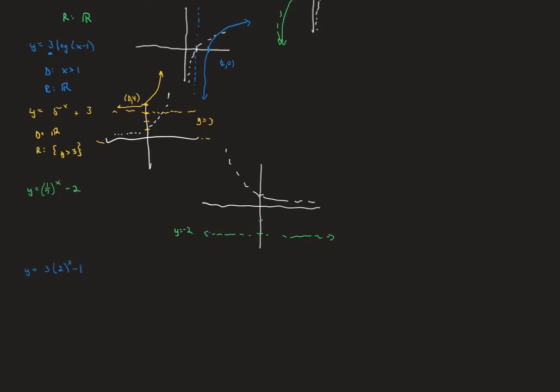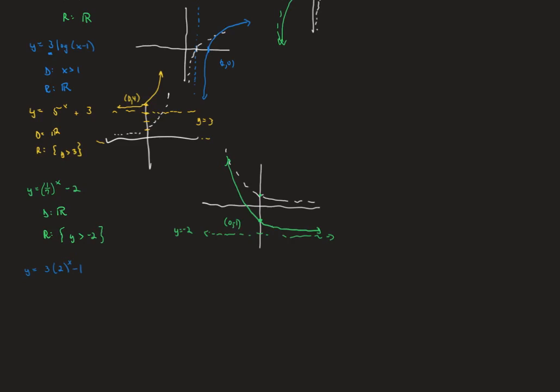That y-intercept that was at 0, 1 is going to go down 2, so it's now going to be at 0, -1, and its shape is still going to be that decay curve shape, falling from left to right, concave up. So the domain is still going to be all real numbers. The range here, because of our translation, is going to be y strictly greater than -2.